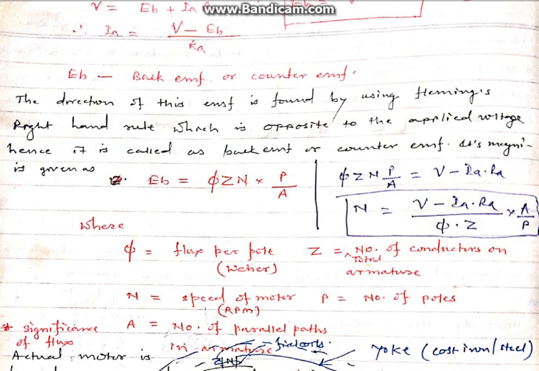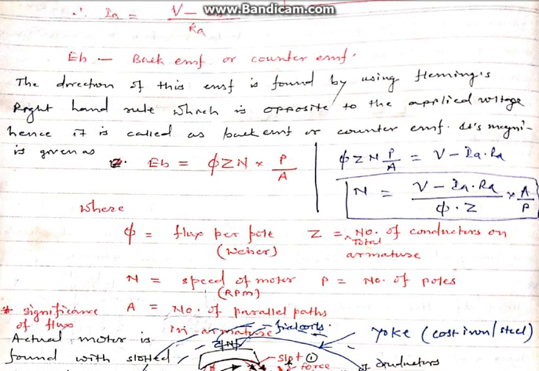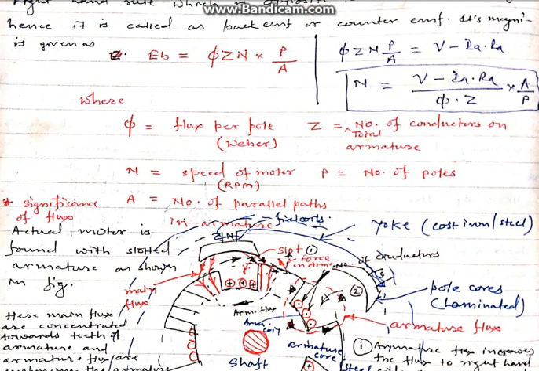So EB is equal to phi Z N P upon A. So back EMF depends upon the flux phi, Z, speed, P and A. Here P and A are constant for a designed motor, so the variable quantities are phi and N.